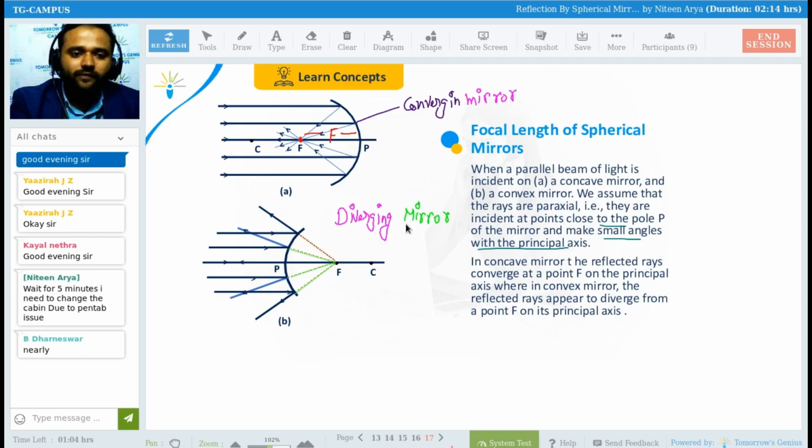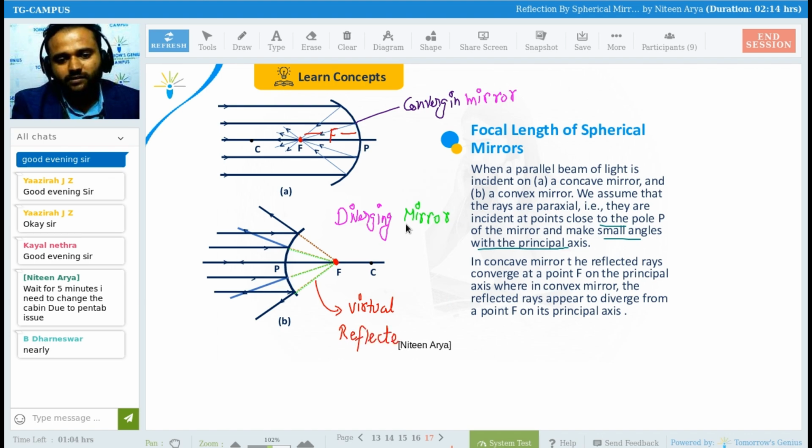We find there is a point behind the mirror where all the virtual reflected rays are going to meet. Is this clear? And that is why it is also known as virtual. Virtual means not in real.